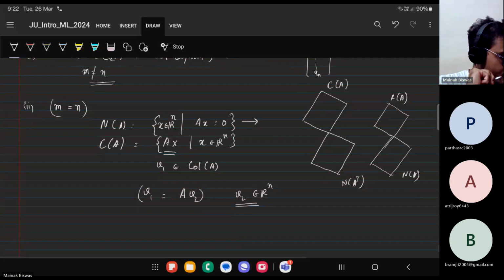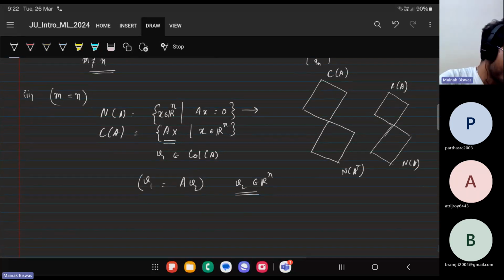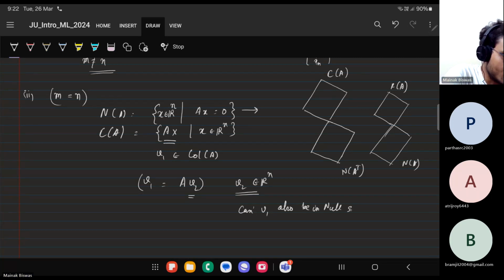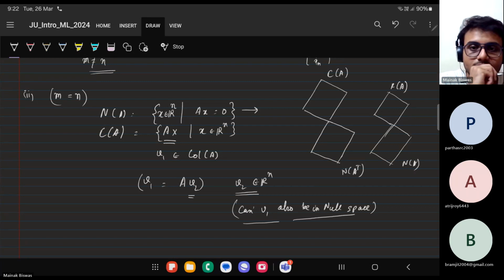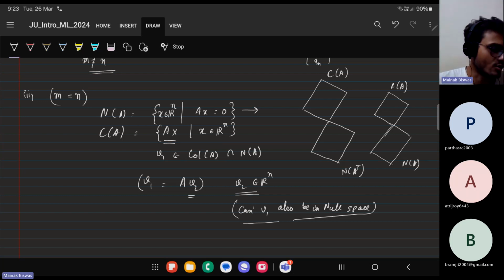So now you're saying can v1 also be in the null space, right? v1 is in the column space intersection null space of A, right? This is your question.